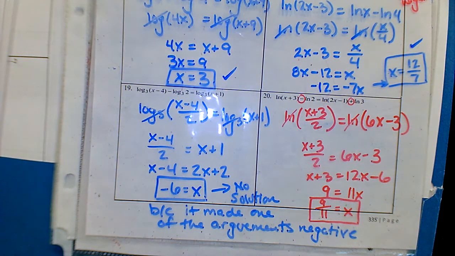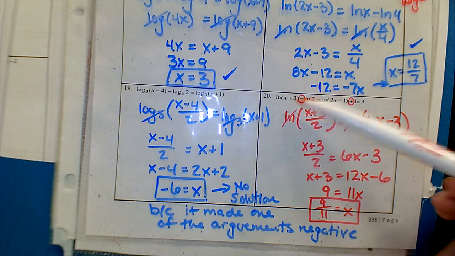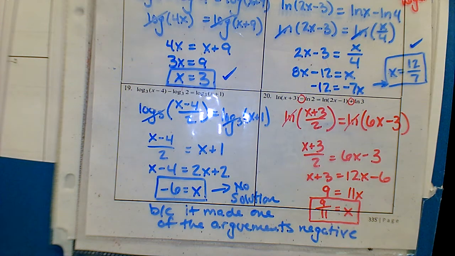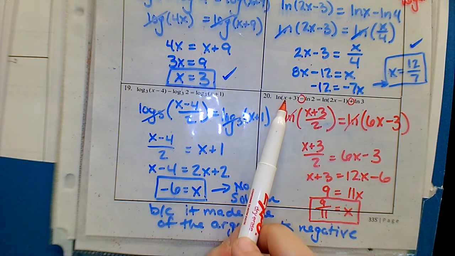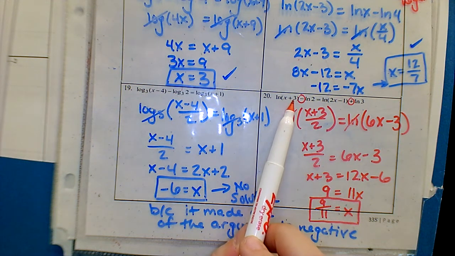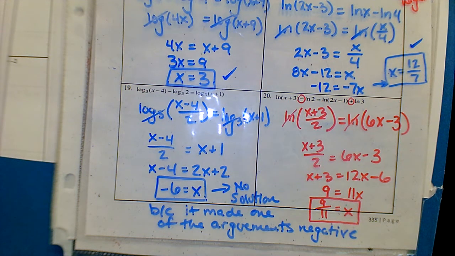Now maybe we can check it without using a calculator, because the only thing we really have to be aware of is if we were to plug this answer back in for x, would it make the argument negative? That's the only thing we really need to check. So if we were to plug in 9 over 11 plus 3, would that argument still be positive? I think so, right?